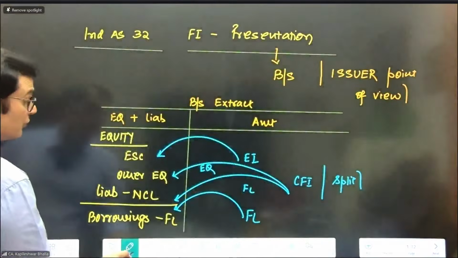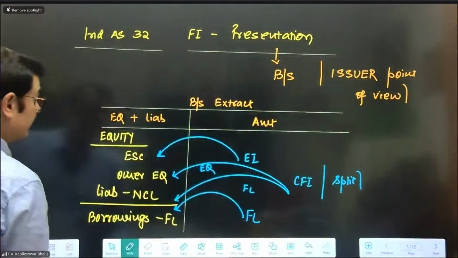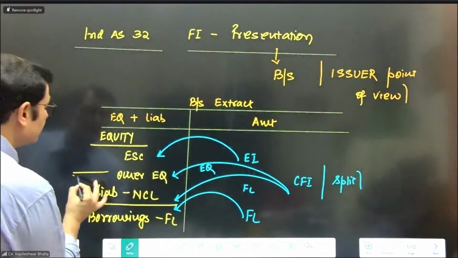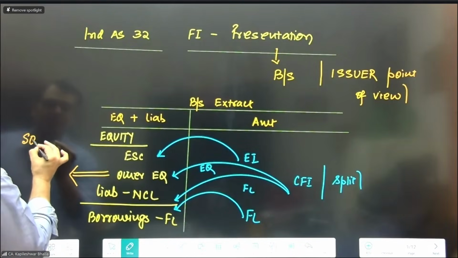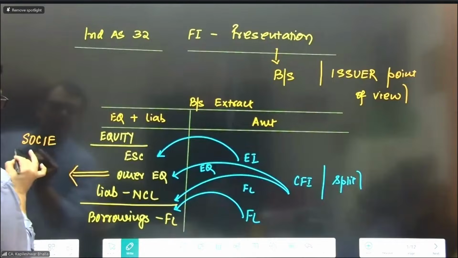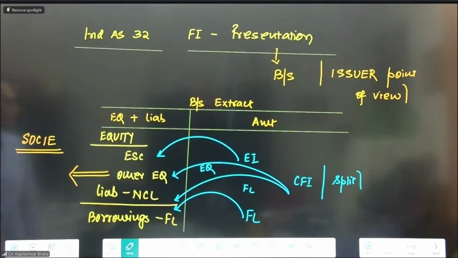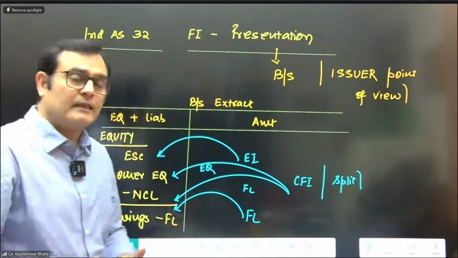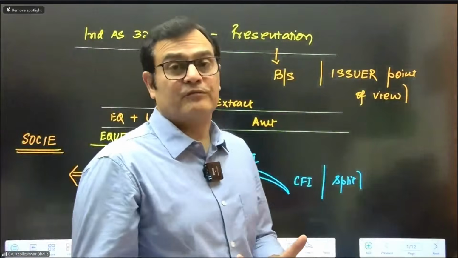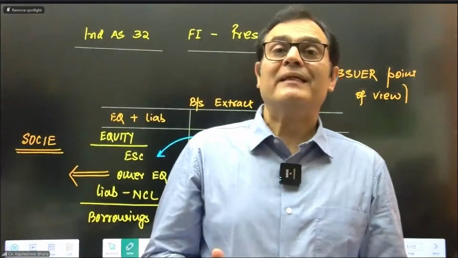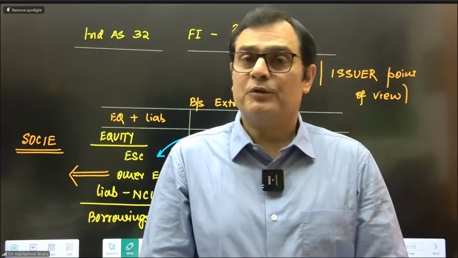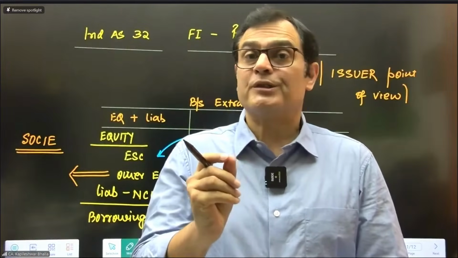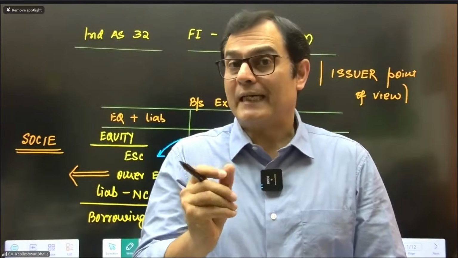And just to reconnect once again, when you present this other equity, the balance sheet is accompanied by another document which is called SOCIE, that is, a statement of changes in equity. I presume that you would have already seen the main lectures as well on the ICAI YouTube channel, where you would recall that SOCIE is divided in terms of three tabs.